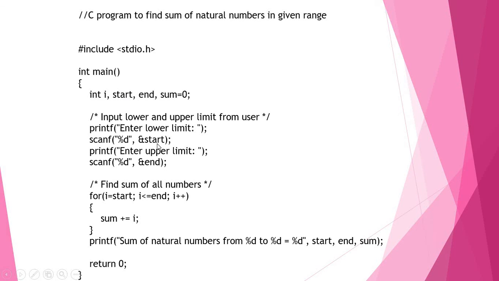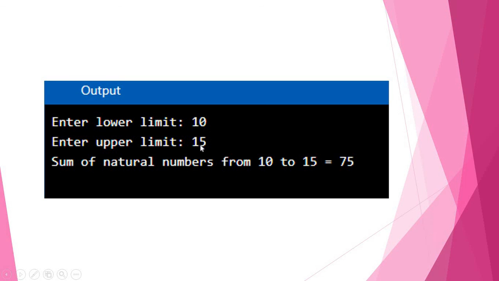The values are stored through scanf for the input process. Then the for loop will find the sum of all the given numbers, and accordingly it will print my upper limit, lower limit as well as the sum of all the numbers. So accordingly I am getting my answer.